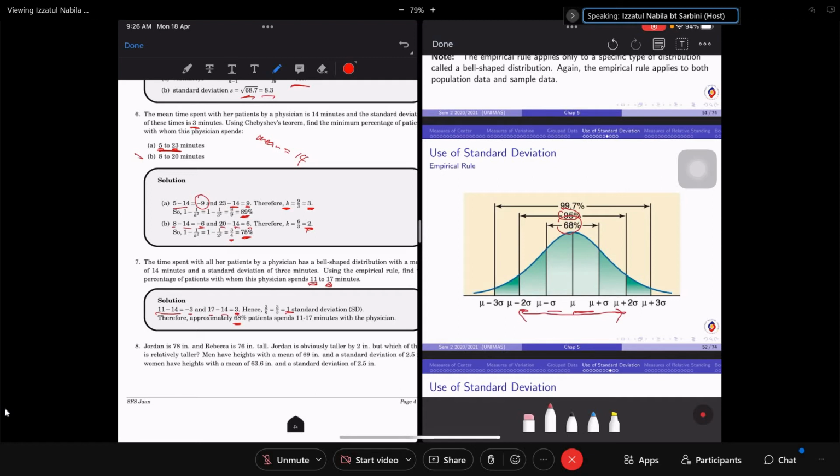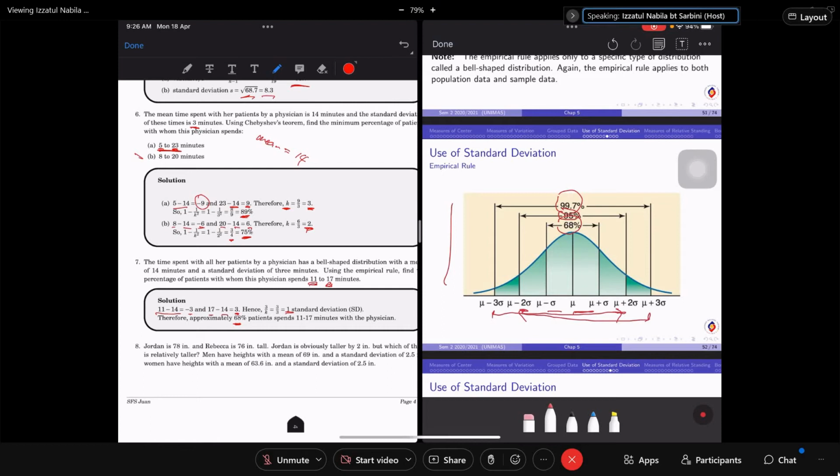If it is 3 standard deviations from the mean, it means that 99.7% is within the range. This one you need to remember as well. If it is 1 standard deviation from the mean, it is around 68% of the data, if it is a normal distribution.